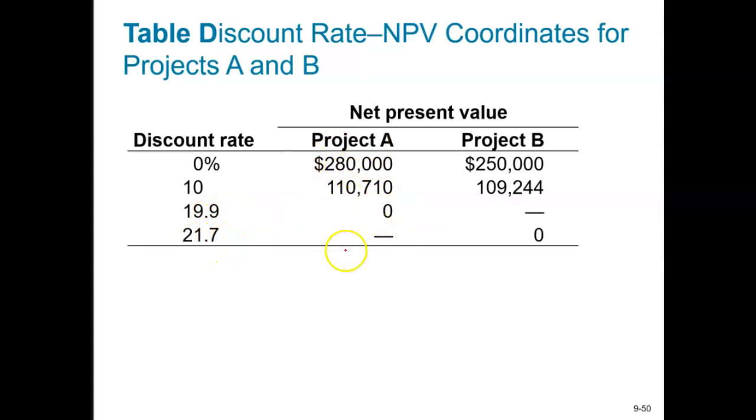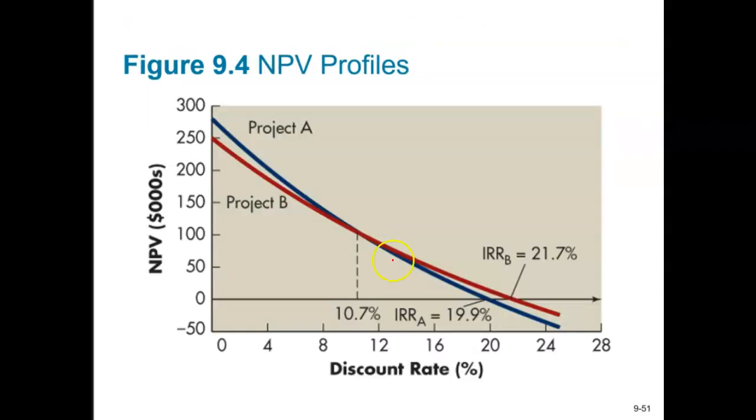So if we plot this in the graph, that gives us the NPV profiles. So if we show it on the graph here, it is something like this. So the 10.7% is what we call the crossover rate.